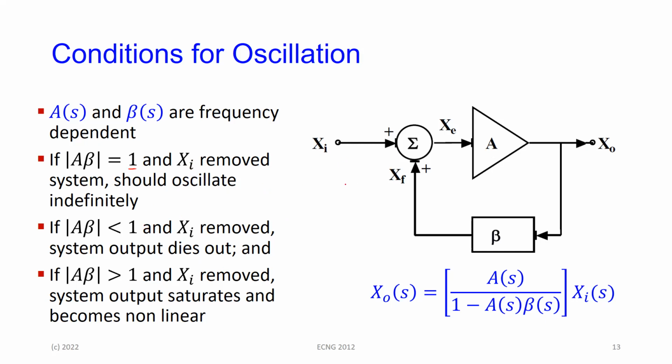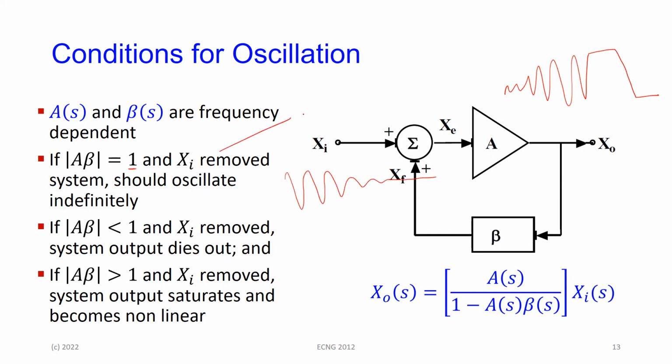If it's less than 1 and you remove the input, the system dies out. If it's greater than 1 and you remove the input, the output is going to do this. It's going to grow, and then eventually saturate at the positive and negative rails. In this case, it will die out, it starts, and then the gain will do this, and it will just settle down to something.